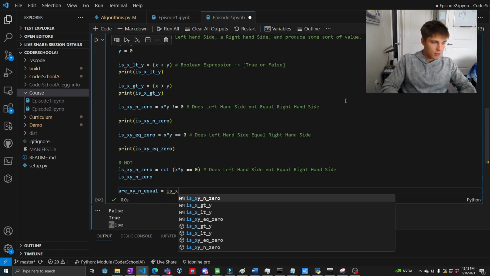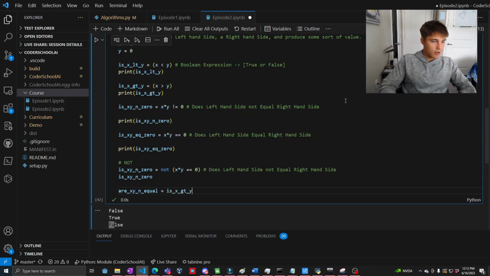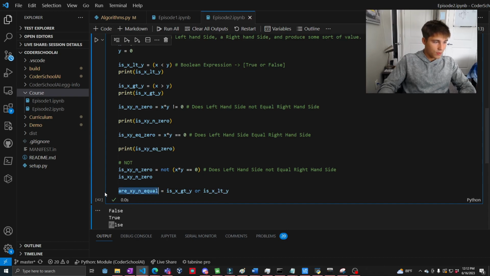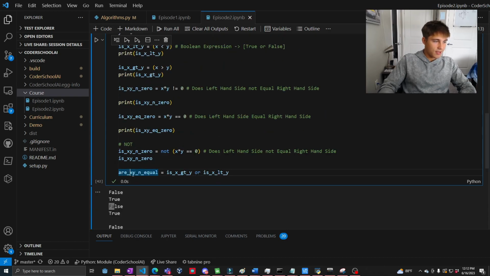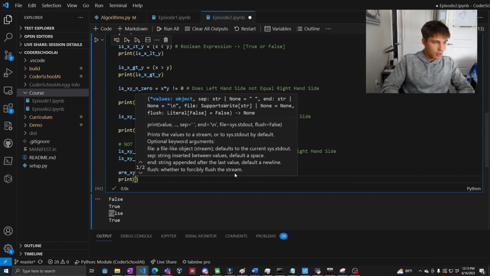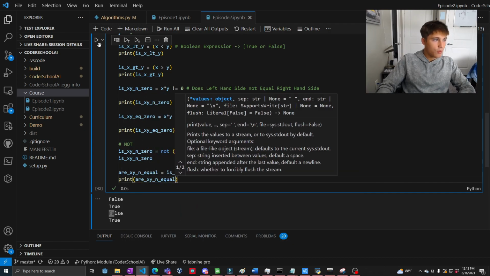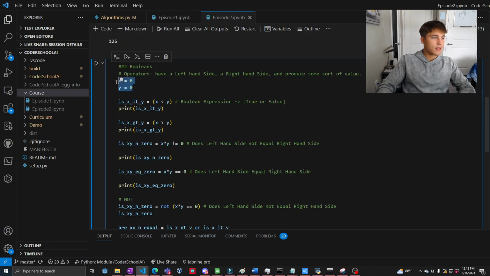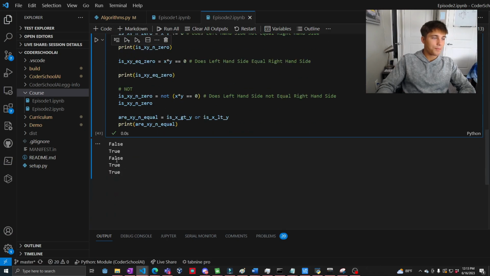Is x greater than y, or is x less than y? So you could already see, are x and y not equal? Let's print are x and y not equal, and you could say that those are true, right? Clearly these two should not be equal by this statement right here.